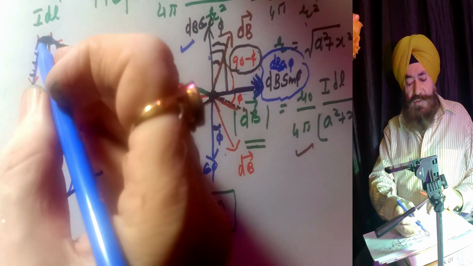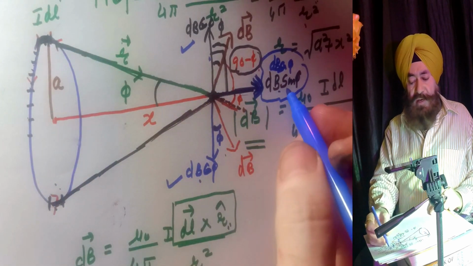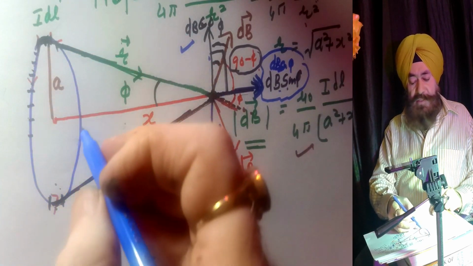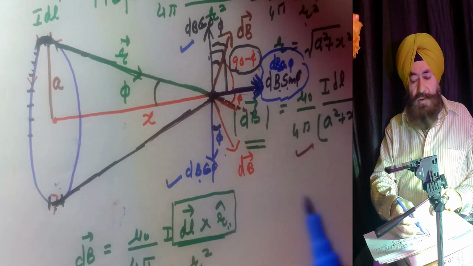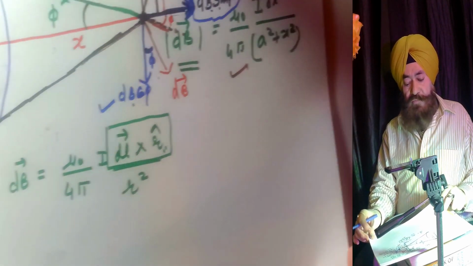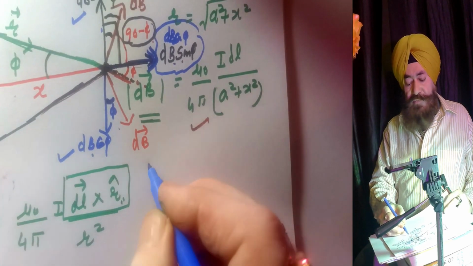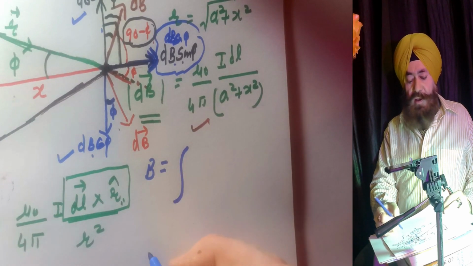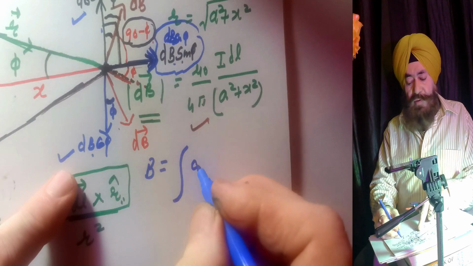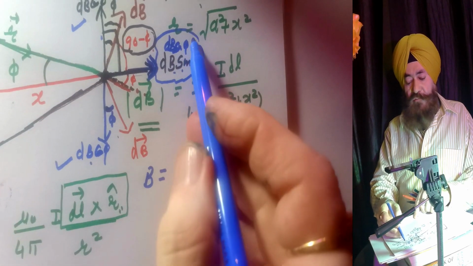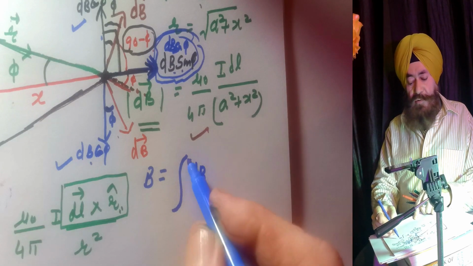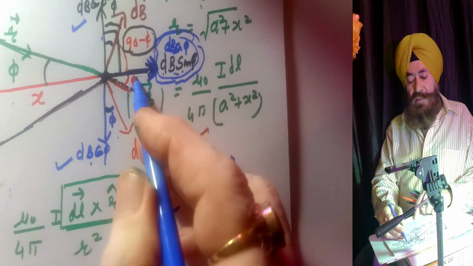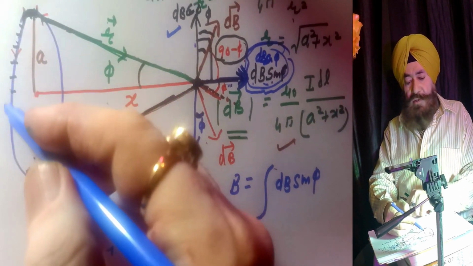Not only because of these two elements they are adding, they will add because of all the current elements which are continuously on this loop. That means total magnetic field will be integration of what? dB, integration of this component all along the loop, dB sin phi. dB sin phi integration all along the loop.